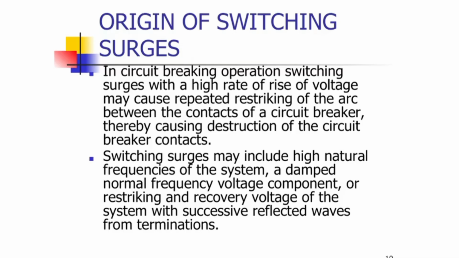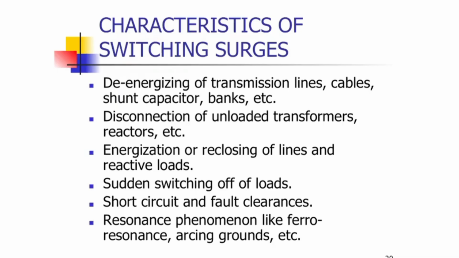Circuit breakers are the main cause of switching surges because when we are breaking the switch, it will create an arc. That arc will lead to overvoltages. Switching surges also include natural frequencies of the system, damped normal frequency voltages, restrikes and recovery voltage, and successive reflected waves. These are the parameters we want to consider when discussing the origin of switching surges.